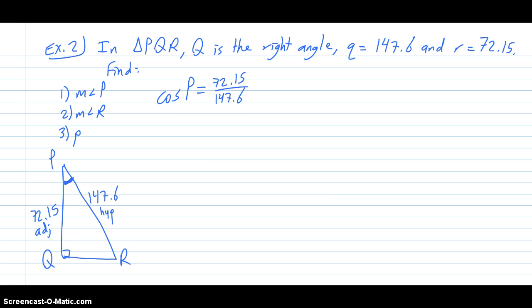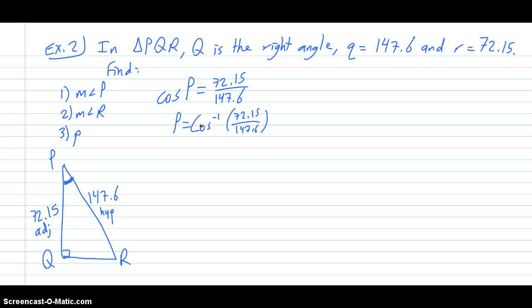How do I get the P out of the cosine? The answer is take the inverse cosine, right? And obviously we're talking about the principal value here, so realistically I can use the capital C cosine, arc cosine. And all you have to do is type this in your calculator, again making sure that you're in degrees mode.